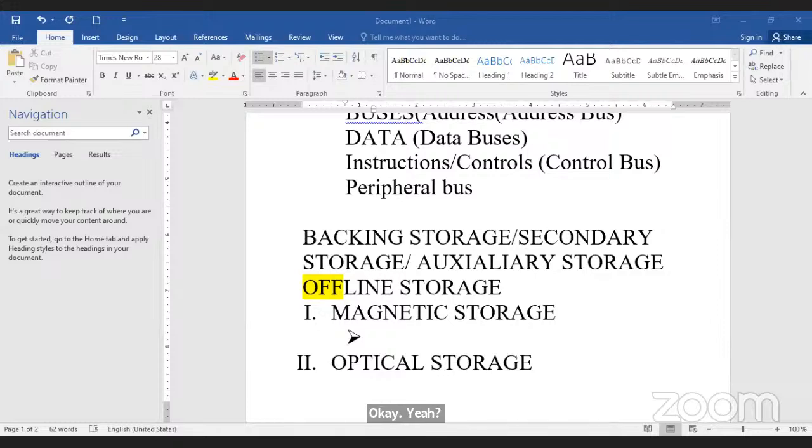When it comes to magnetic storage, these backing storage devices usually store data using magnetism.